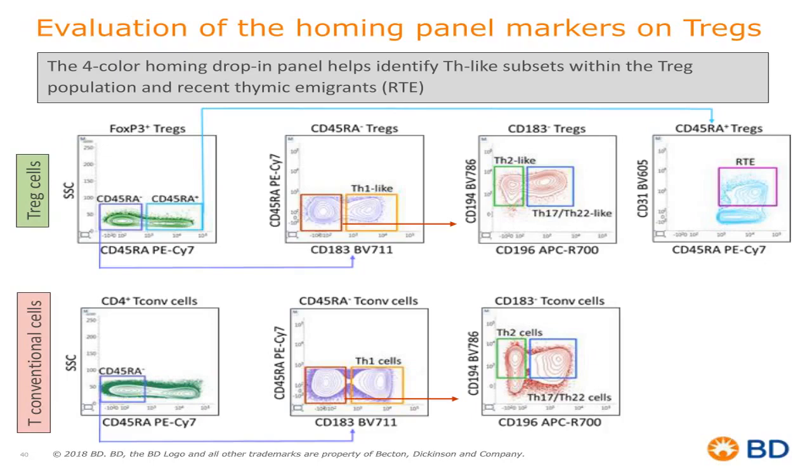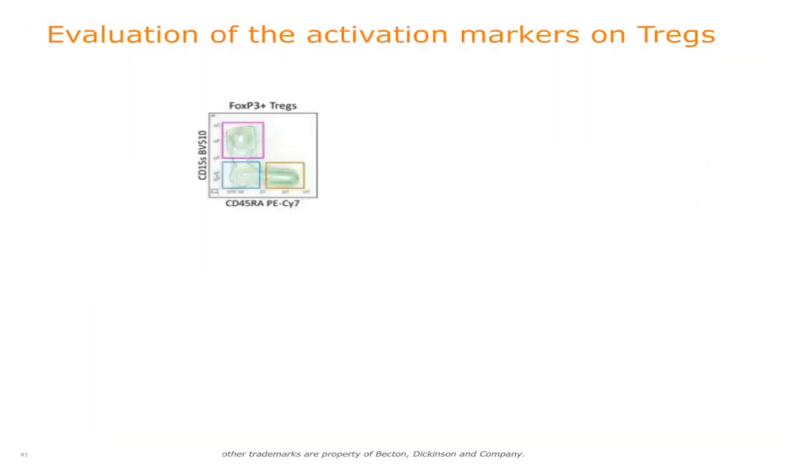As you can see, in our same panel, we gated on just CD4 positive T cells, excluding FOXP3 T regulatory cells. And you can see our corresponding TH1, TH2 subsets, and our TH17 and TH22-like cells. So let's go ahead and evaluate the activation markers on our Tregs using conventional approaches, similar to what we did earlier, where we can gate on our different populations and evaluate their expression.